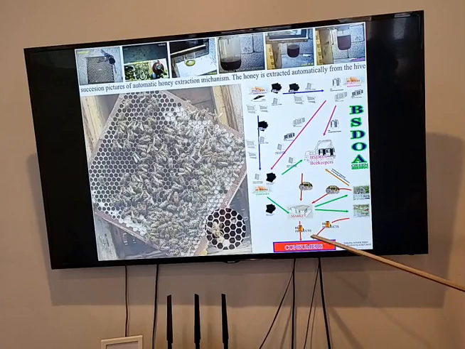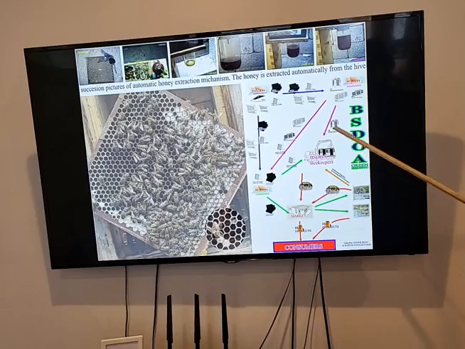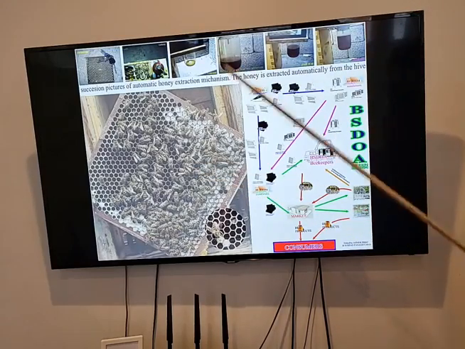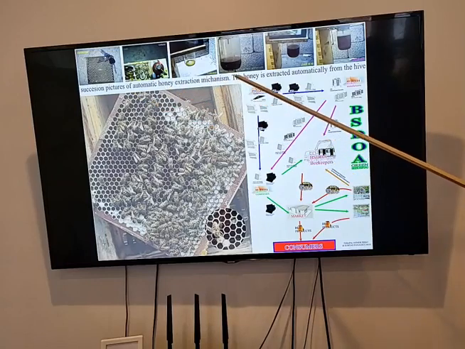Market, bee products, BSDOA manufacturers, plastic manufacturers, supplies companies, BSDOA beekeeping system, machines, some devices here. I can't explain all that right now. Let's go to the succession pictures of the automatic honey extraction mechanism. The honey is extracted automatically from the hive.